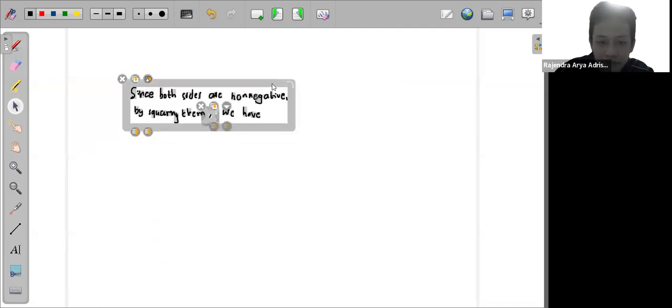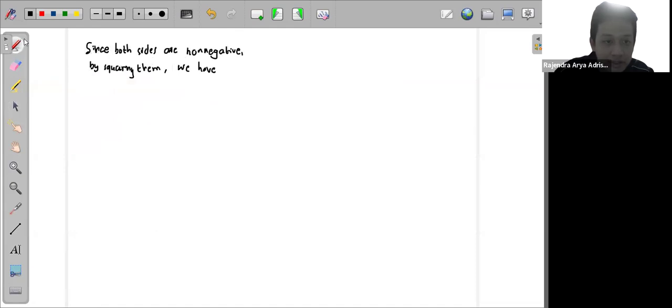Sorry for copying my previous writing, but it's just to make it faster. I square them, and the inequality becomes just x greater than or equal to 1/4. Yeah, that's it.